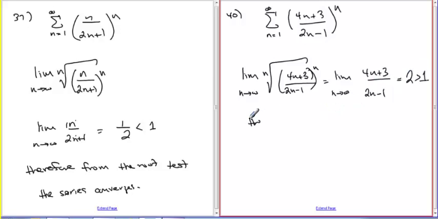What we know is that if p is greater than 1, then it converges. So in this case, 2 is greater than 1. Therefore, the infinite series b sub n converges.